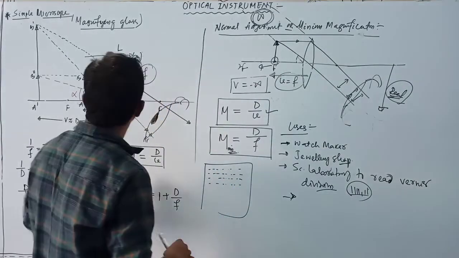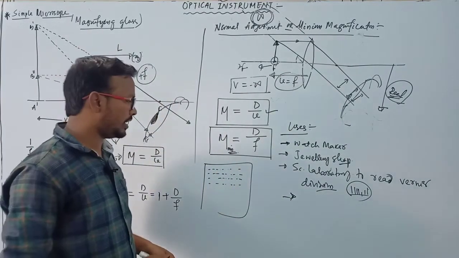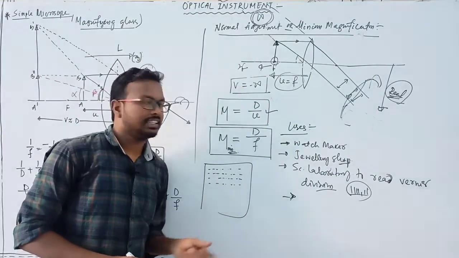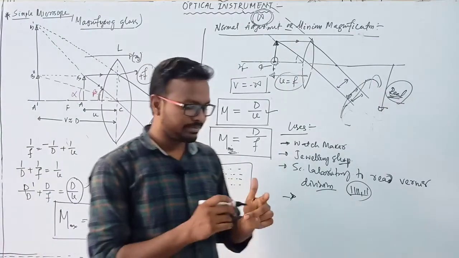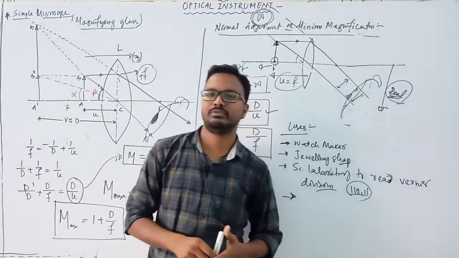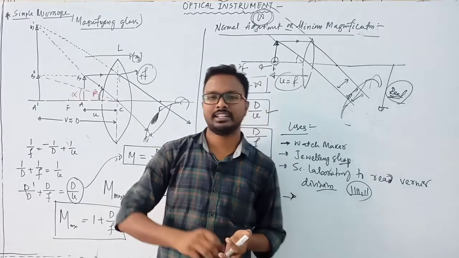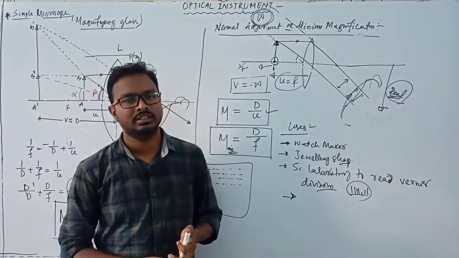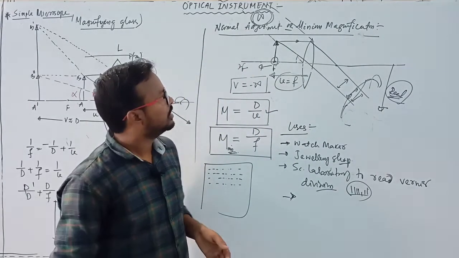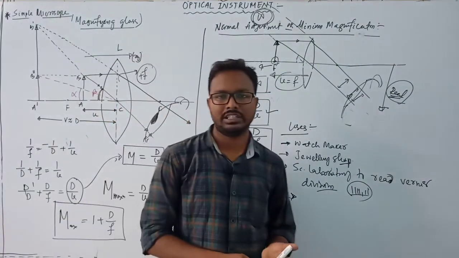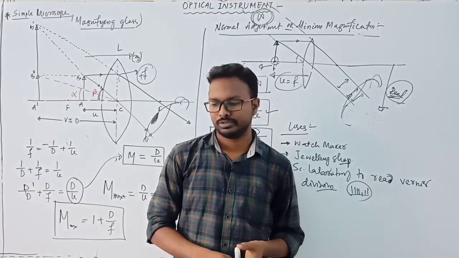These are the uses, and the magnification, position of object and position of image. How to calculate magnification for maximum magnification and minimum magnification, clear. You have to remember it step by step. This concept may be asked in your council examination, clear. Okay, thank you.